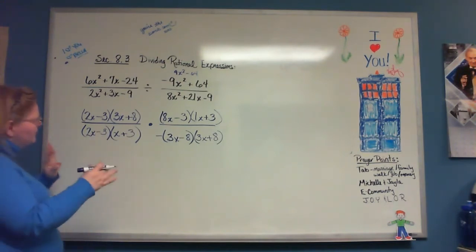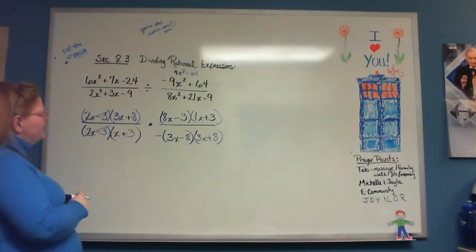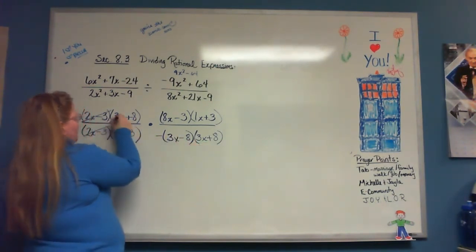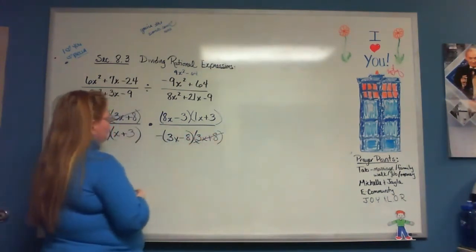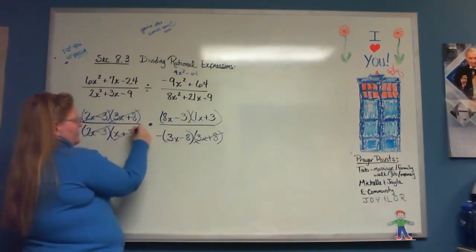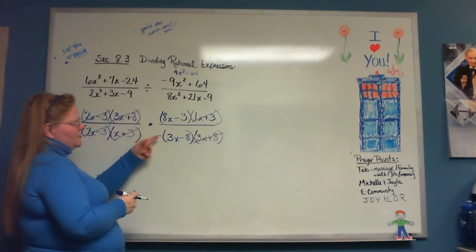Okay. Canceling stuff out. We all saw that one coming, right? This one cancels out with that one with no issue. This one cancels out with that one with no issue. Which leaves us with this conundrum here.